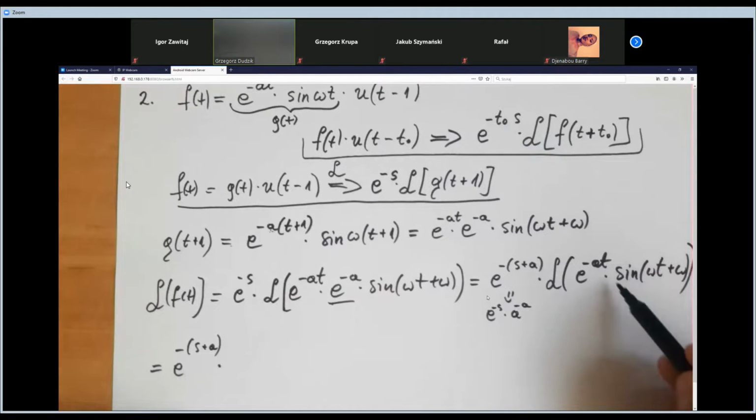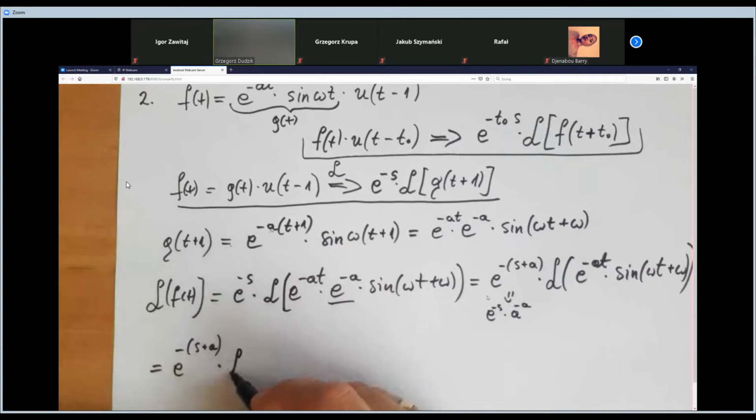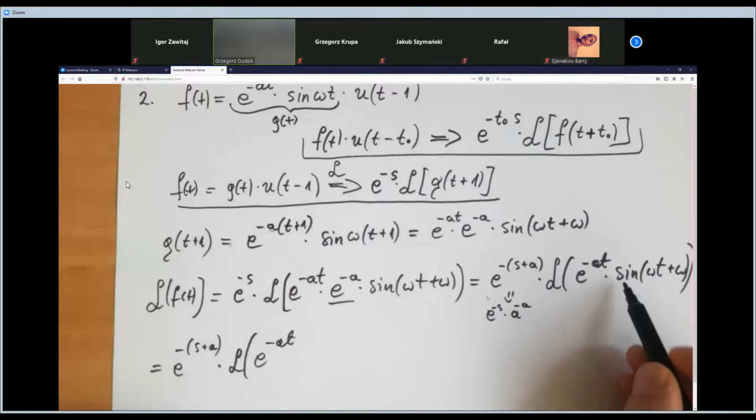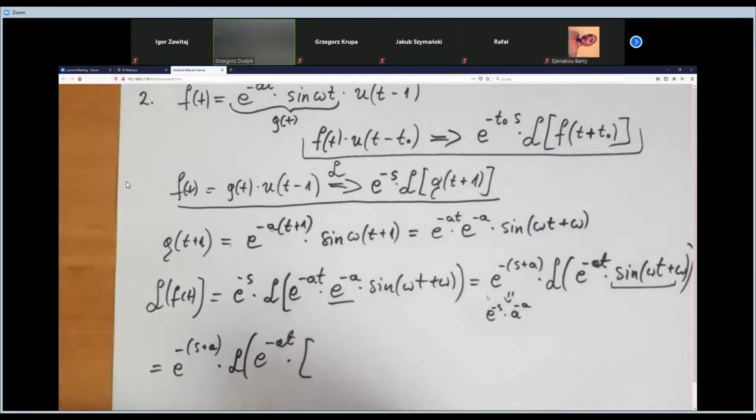In fact, we've got some properties of the sine function which tell us that this part of the expression can be given by that formula.